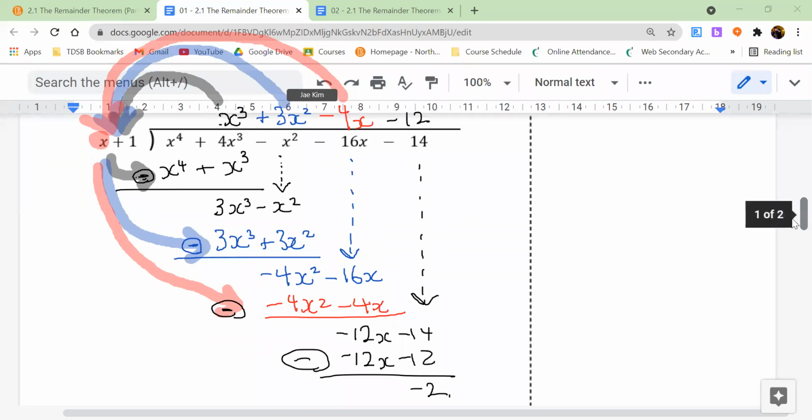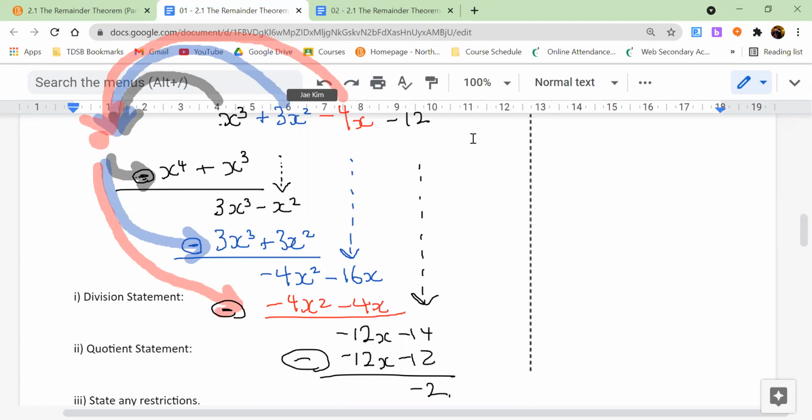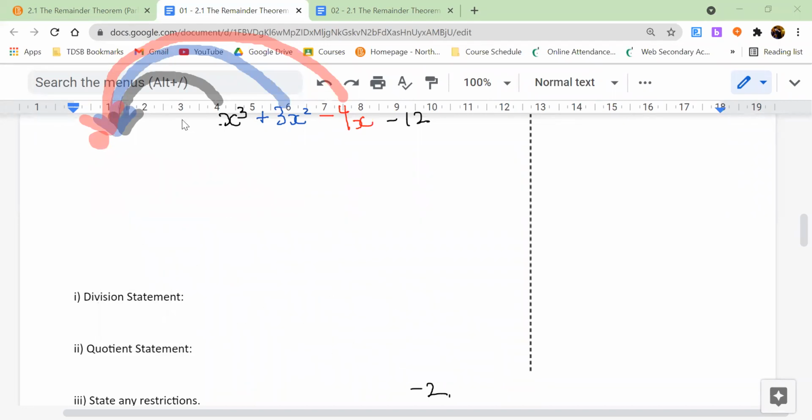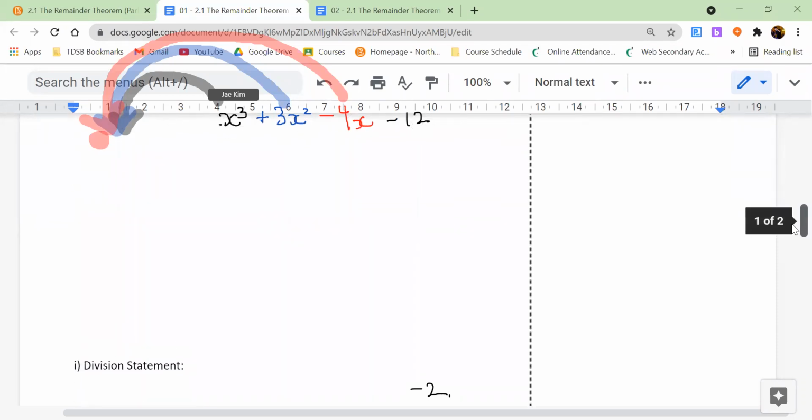Okay. That's it. I'm going to bring this down. Division statement and quotient statement. The division statement is the original function. Let me erase this. What is the original question again? Oh, it's going to be tough to remember.